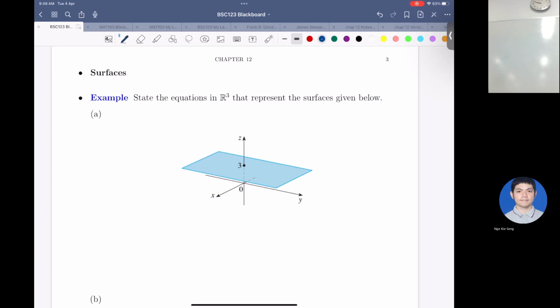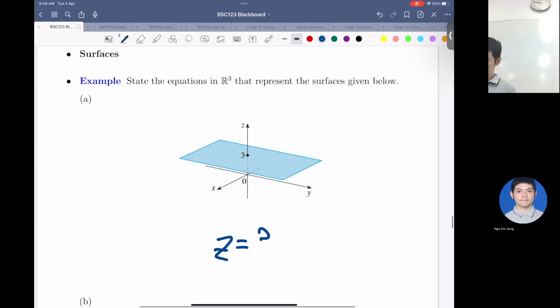What's in common? Z equals what? What is the constant? In 2D, x equals 3 slashes out one line, right? In 3D, z equals 3 slashes out a plane, a surface.